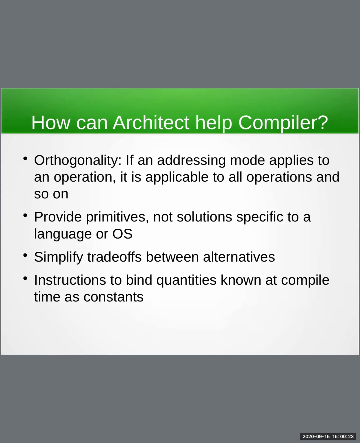That is one of the things that a compiler wants to do. So ensure that there are instructions available to bind such quantities to constants at compile time. These are the four things that the book talks about that the architect can provide to help the compiler writer. Okay.